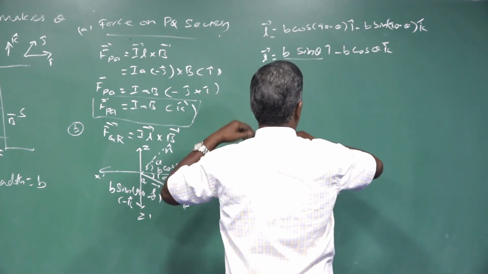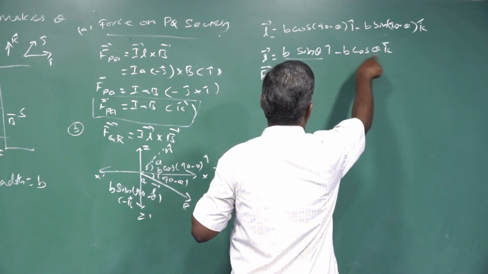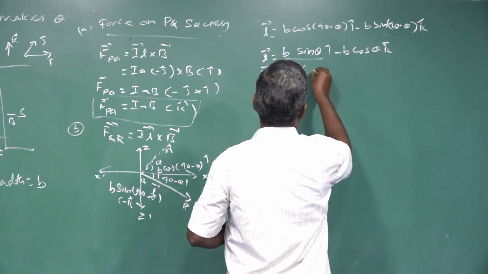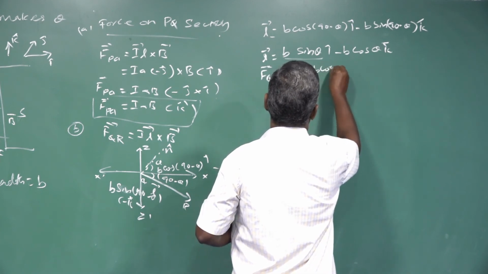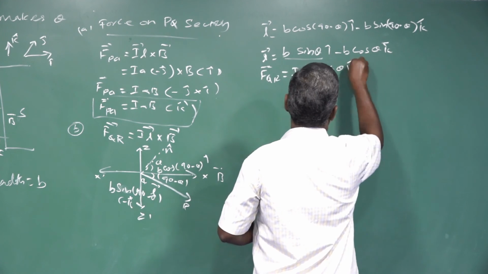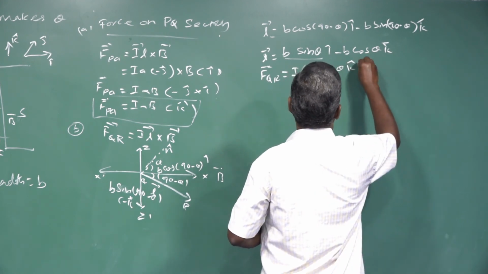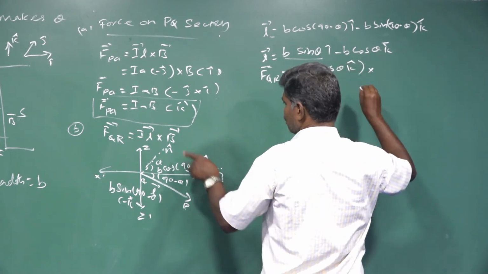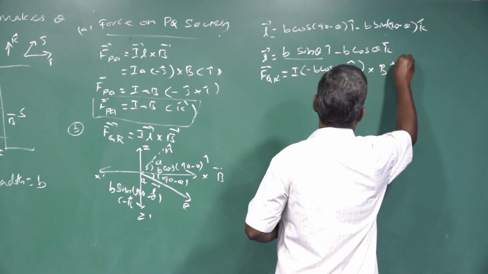That's why we are left with the remaining factor, minus b cos theta into k cap, then cross B into i cap.